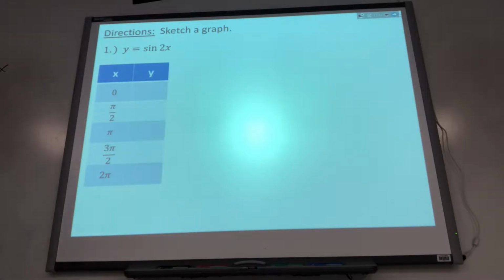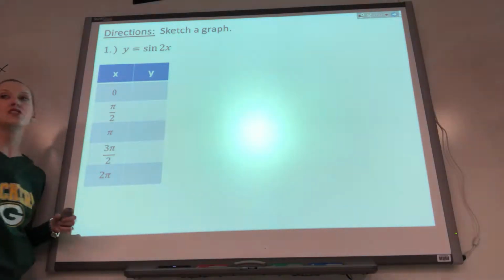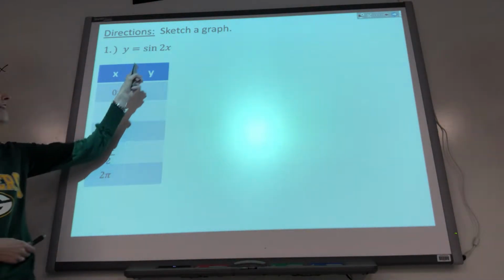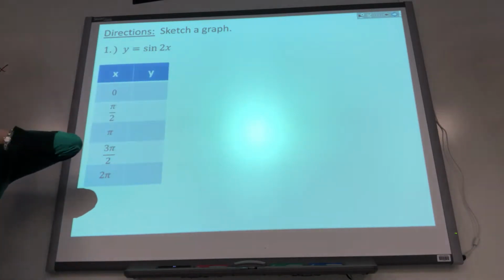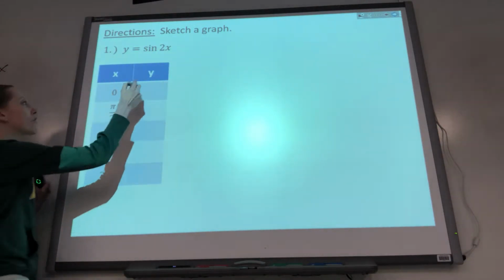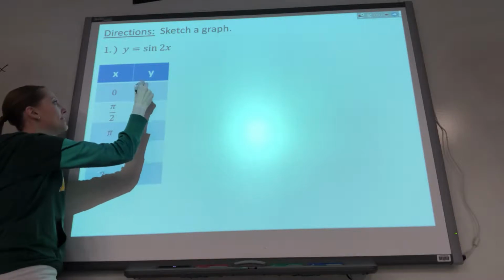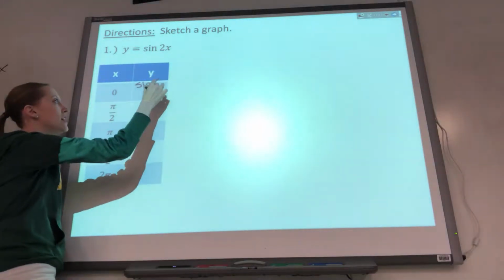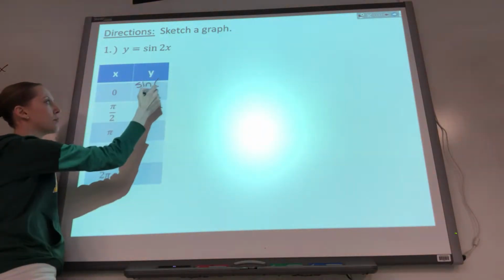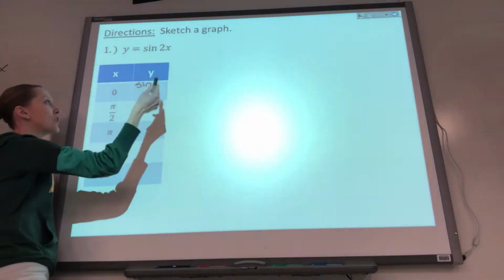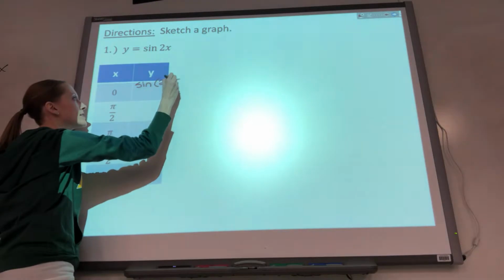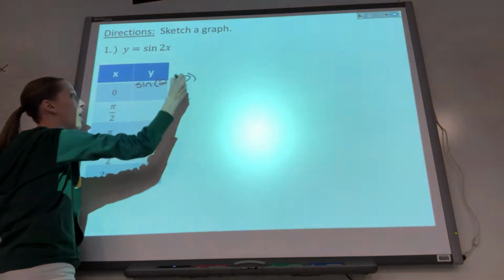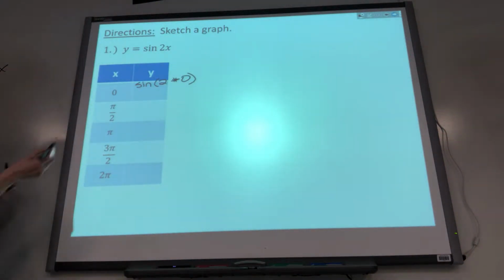Now I'm just going to grab my calculator to type all of this in. I do want you to notice that it's sine of 2x, so you can type it in a couple different ways. If you want to leave the 2 there, your calculator probably sets up some parentheses. So you could type in sine of 2 times 0, exactly like that.